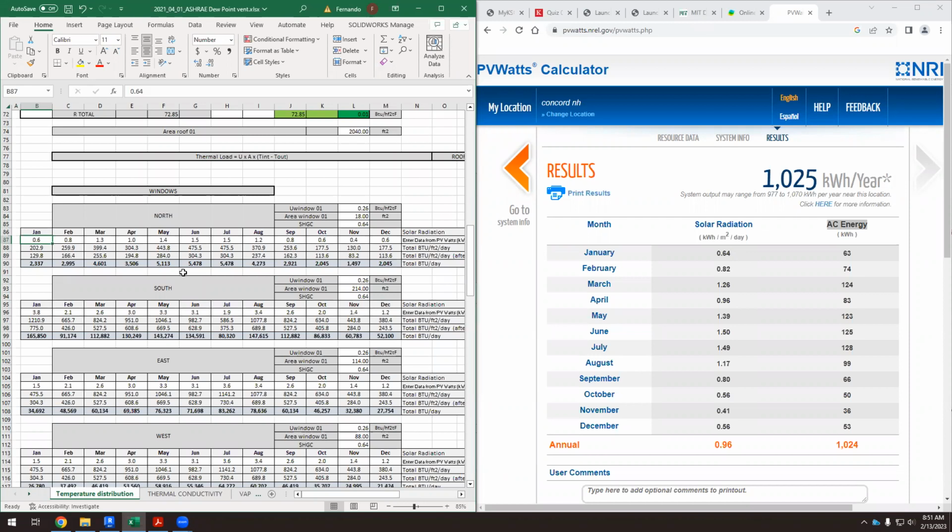We have the area of the window. We have the solar radiation outside the window. This is what we get with PV Watts. And that's the energy that enters the building. So it depends on the area of the window, and it depends on the solar heat gain coefficient. The solar heat gain coefficient is the amount of energy that enters the building. If it's 0.6, only 60% of the solar energy outside enters the building.